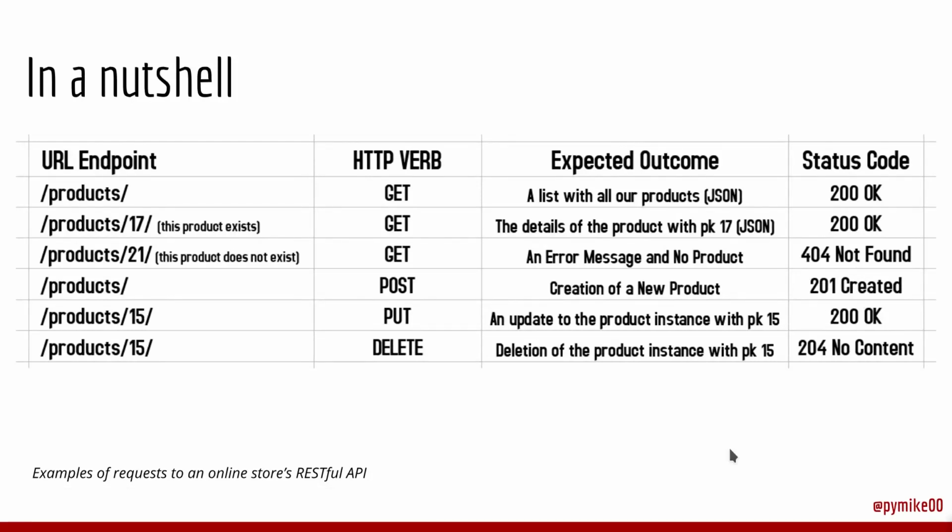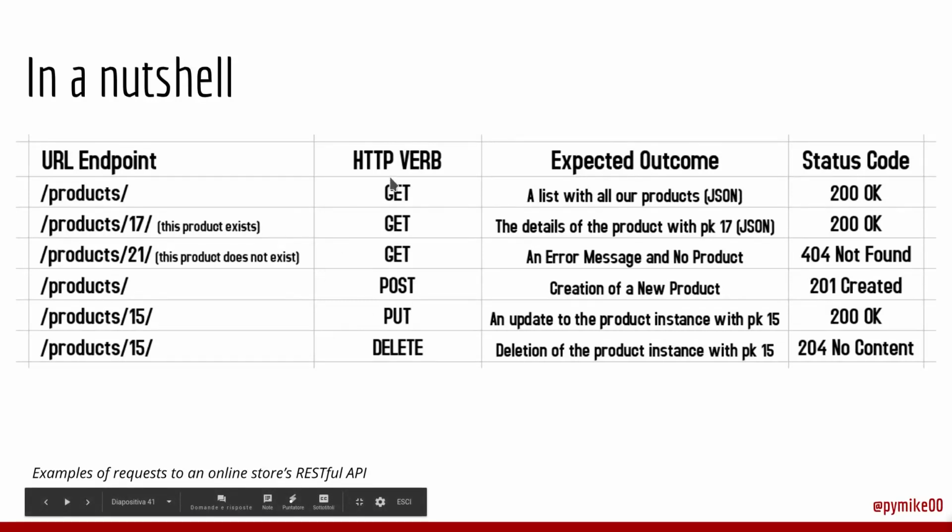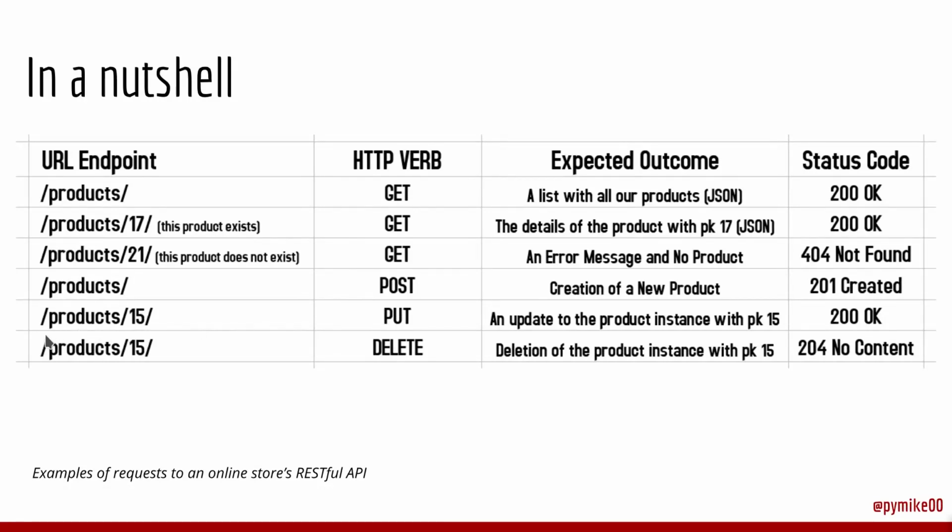Then let's say we wanted to update a product. We would have to use the PUT HTTP verb, going to the proper URL endpoint. In this case, it could be something like /products/15, the same pattern that we've used to get the details, but this time we're using the PUT verb. And so we might get an update to the product instance with primary key 15, 200 okay as status code.